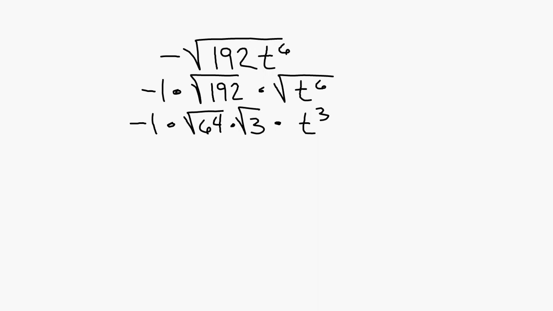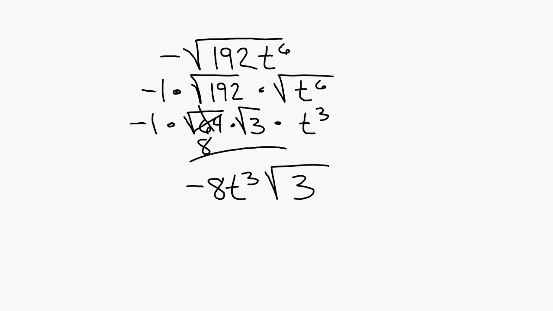So what's negative 1 times 8 times t to the third? Negative 8t to the third. And what's left under the radical? Square root of 3. Good. And you are finished. Simplest form. No perfect square factors underneath the radical. Okay?